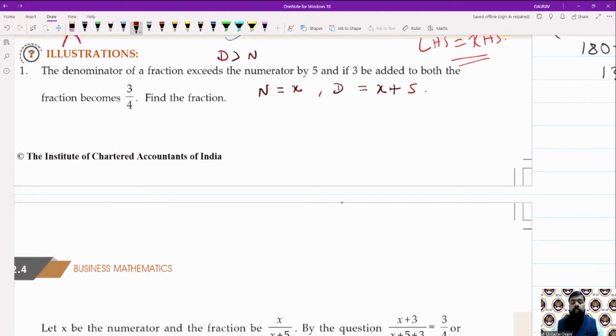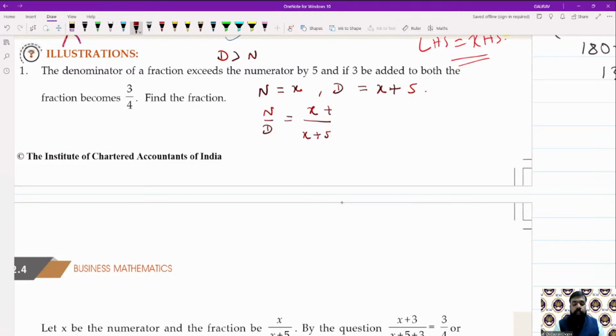Now, if 3 is added to both, the fraction becomes 3 by 4. Then we have to find the value of the fraction. So numerator by denominator: numerator is x, denominator is x plus 5.